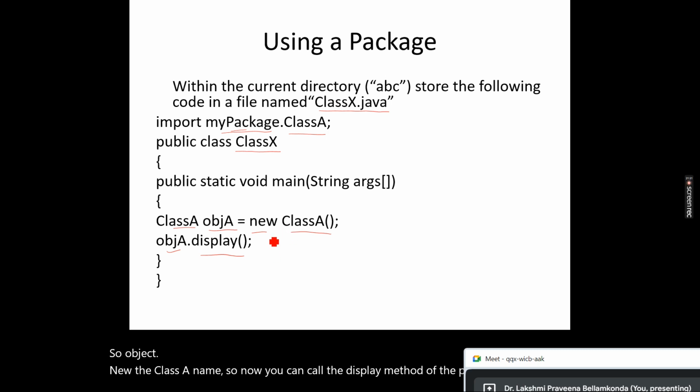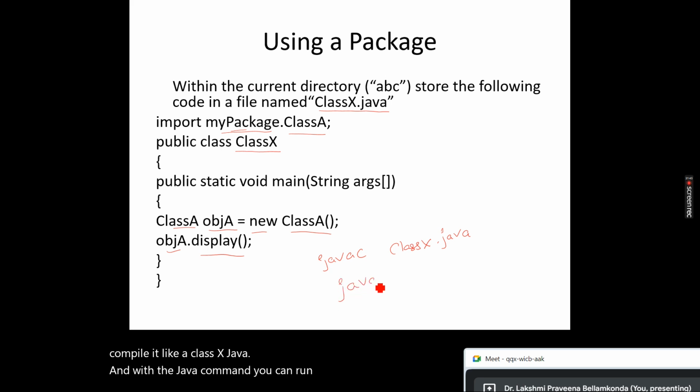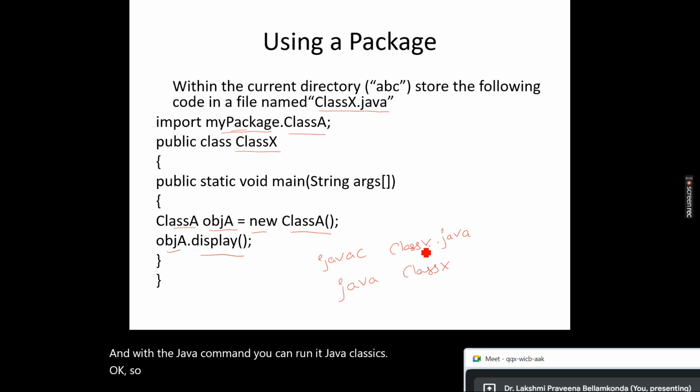This program you can directly compile and run. With the javac command you can compile it, javac class x.java, and with the java command you can run it, java class x, so that it runs your program.